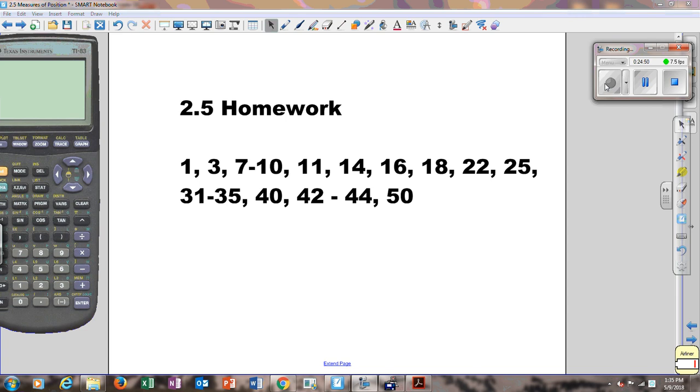Okay, here's your homework for this. 1, 3, 7 through 10, 11, 14, 16, 18, 22, 25, 31 through 35, 40, 42 through 44, and 50. It's a pretty short assignment, really, when you look at how hard the questions are. It's going to be a lot of just typing stuff into your calculator, really. So do this assignment. Chapter test will be next week.